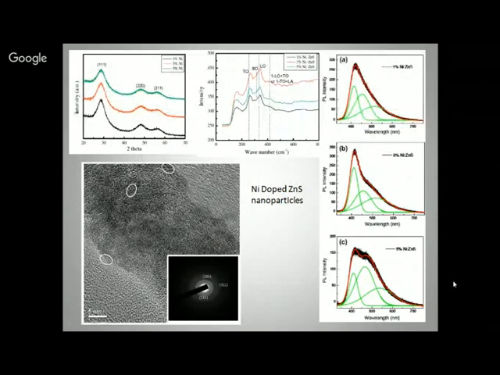Now in this case, first I will start with the XRD. You can see the XRD peaks. This is the nickel-doped zinc sulfide material. Zinc sulfide is cubic in nature, so you can see that in the XRD. The second micrograph is showing the Raman spectroscopy. I think all of you know about C.V. Raman, who gave this Raman spectroscopy effect.